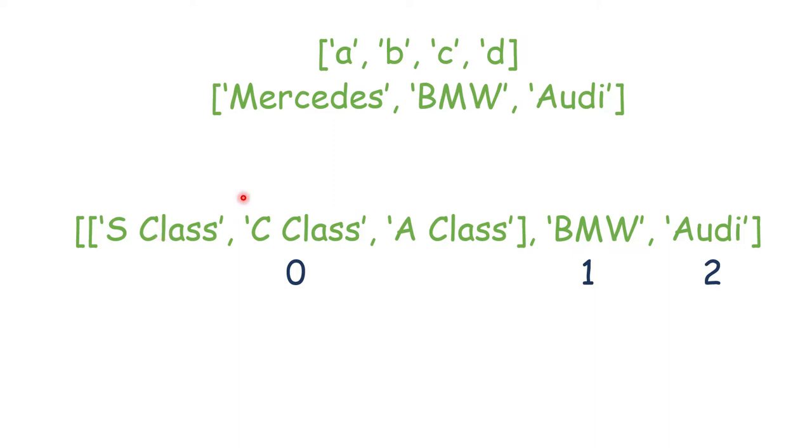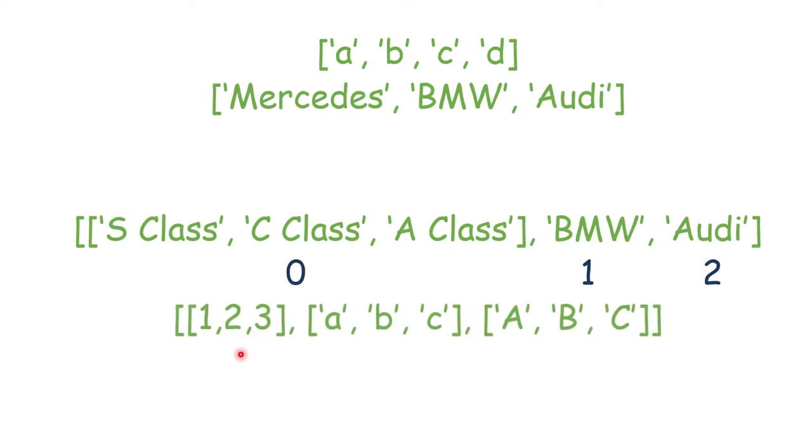This list Mercedes, BMW, Audi is a list of car companies, but here in this list we have cars from Mercedes-Benz. So this is the list of Mercedes-Benz cars: S class, C class, A class, and after that we have BMW and Audi. BMW and Audi car collections are not mentioned here. So at index 0 we have a list inside another list.